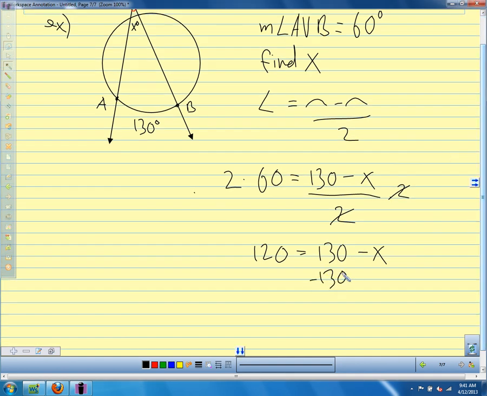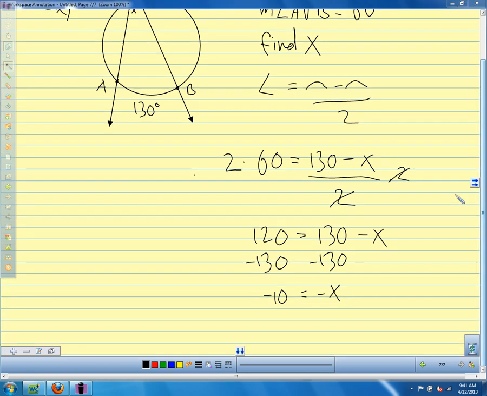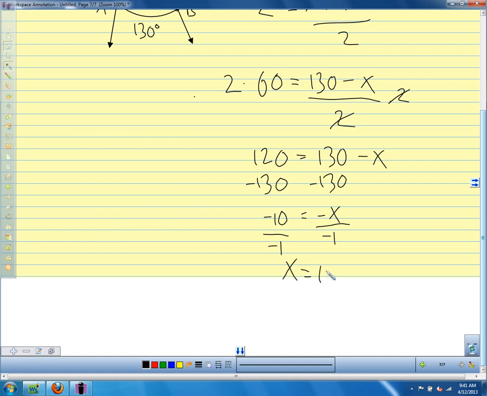Minus 130. 120 minus 130 gives me negative 10 equals negative x. How do I get rid of those negative signs? Multiply by negative 1, divide by negative 1, something. So I'll divide both sides by negative 1, and I get x equals 10 degrees.